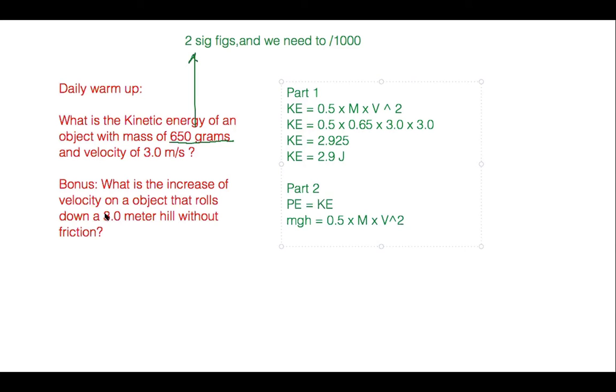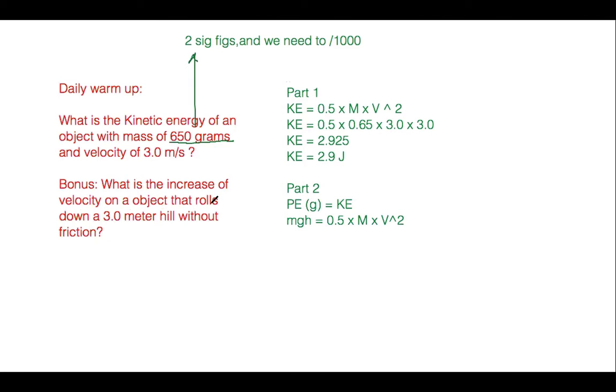We talked about last time the potential energy due to gravity changing and how to find that. If we know that we're going down a hill, then we know that's the type of energy we have, and that's why we're going to gain some speed.